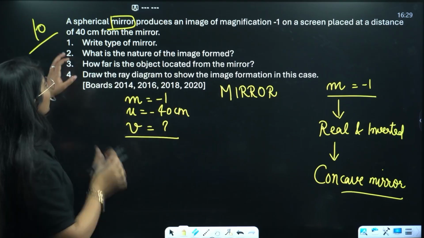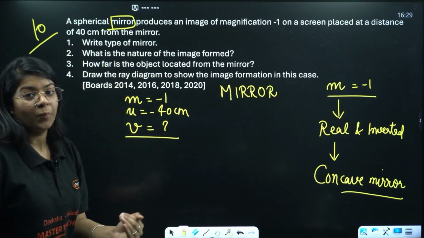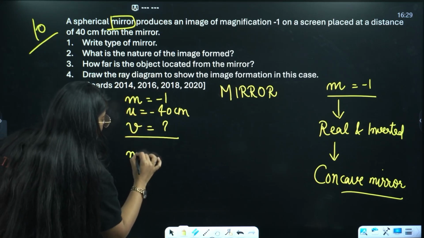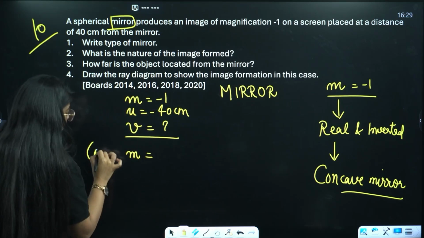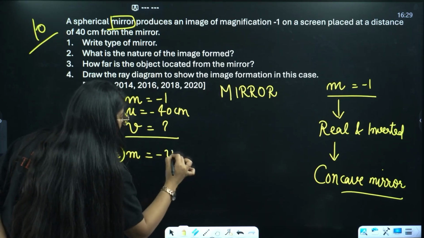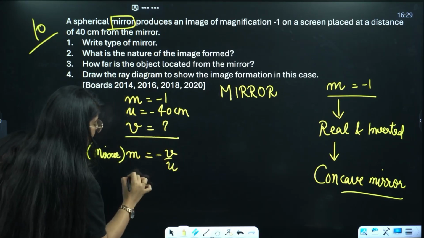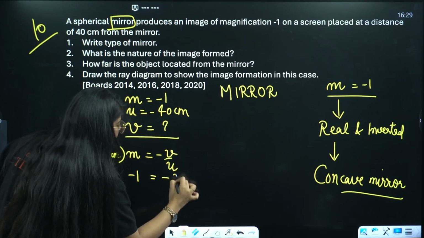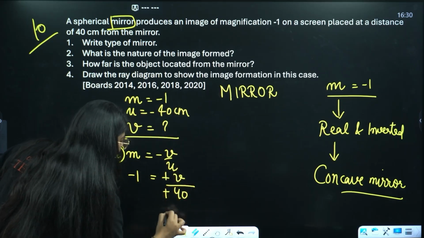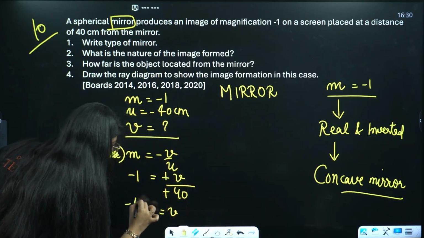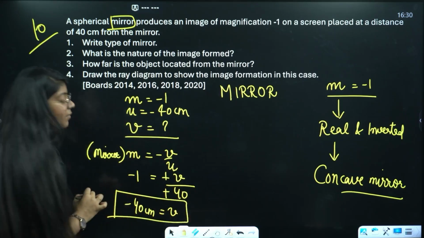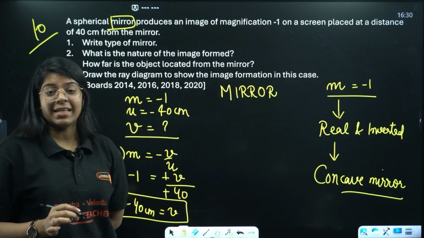Okay. What is the nature of the image formed? That we can find from here. Magnification for a mirror is -v by u. Magnification is given as -1, u is -40, so v will be -40 centimeter.